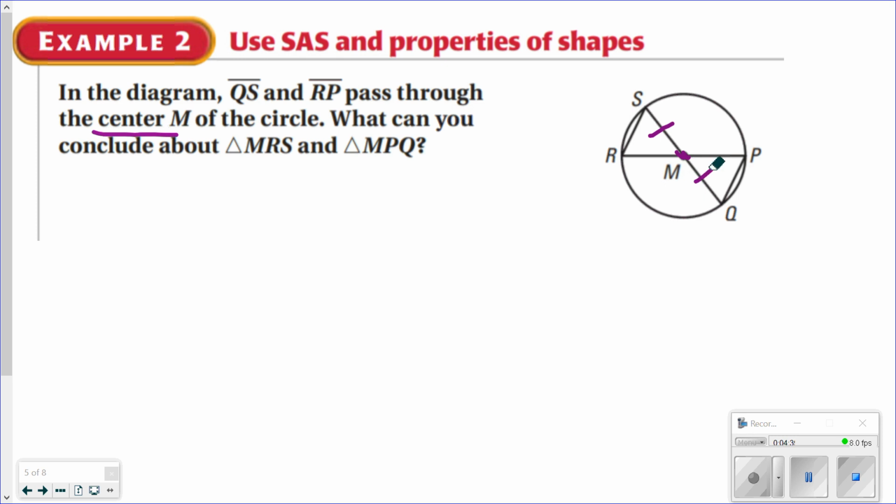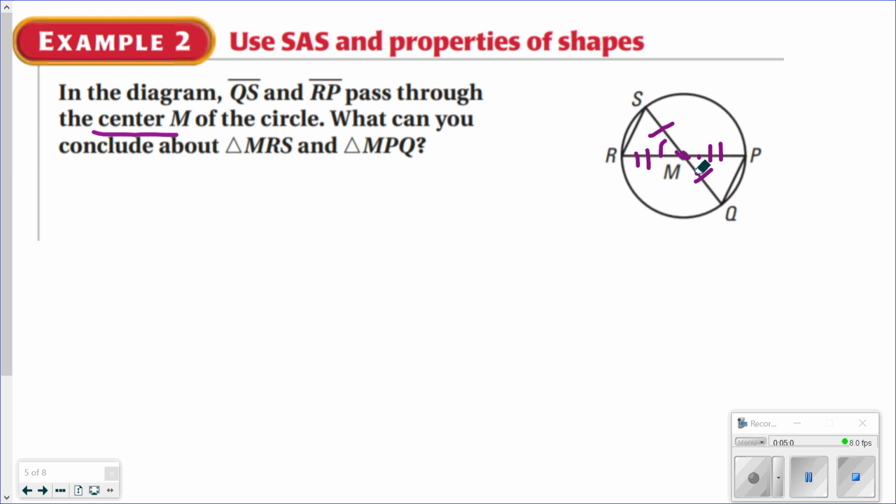So those two segments are then congruent. It's going to do the same thing with RP, meaning that these two segments are congruent. And there's one more thing looking at this diagram that I can say are congruent. These two angles. Why? What type of angles are those?